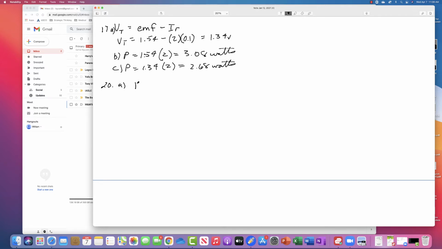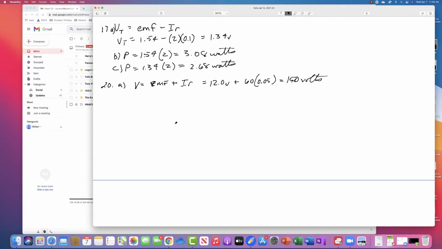And so the voltage they're asking for is going to be equal to the internal EMF plus, instead of minus, I times R. Okay? So that's going to be 12 volts plus 60 times 0.05, which ends up being 15.0 volts.